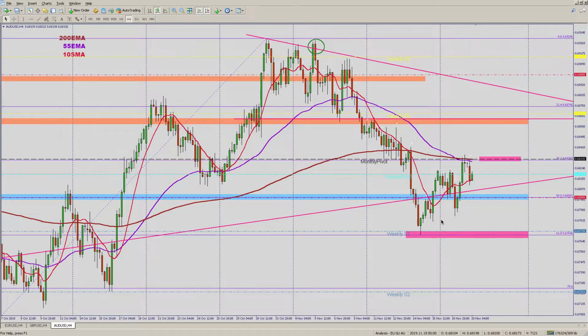So now it's trying to recover and move in the bullish channel.